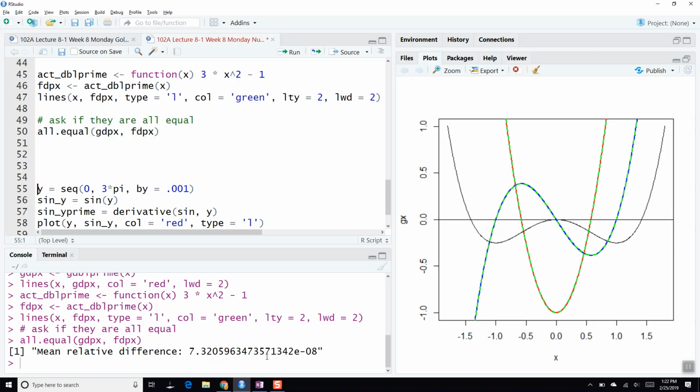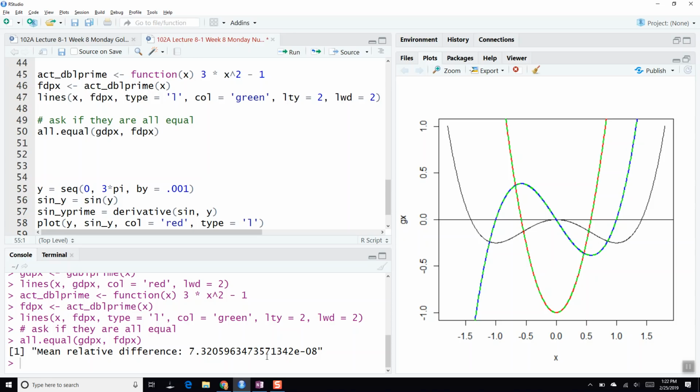The tolerance for it to say that they are all equal is 1.5 times 10 to the negative 8, and we're a little bit bigger than that, 7.3 times 10 to the negative 8. But we're still on the order of 10 to the negative 8, which is like 1 penny versus $1 million. So we're probably okay.